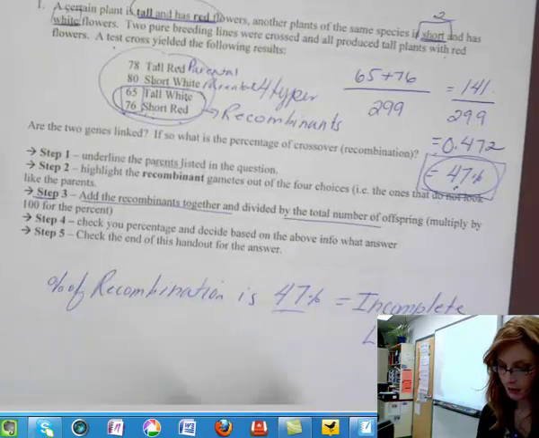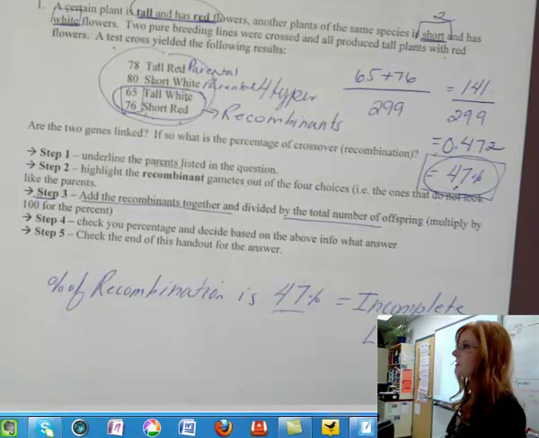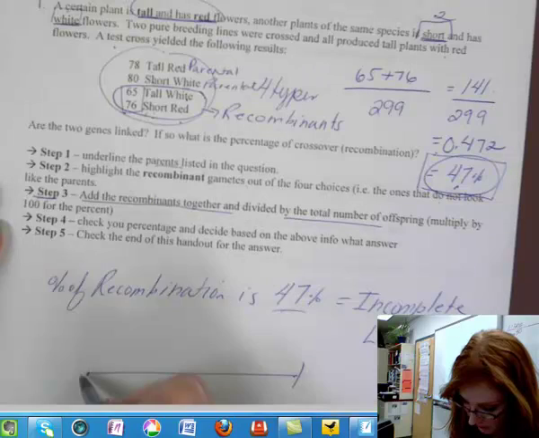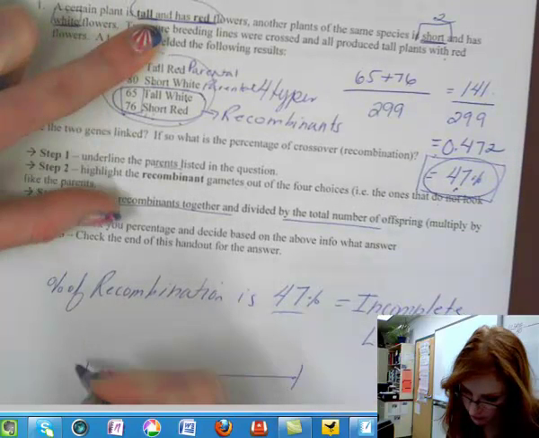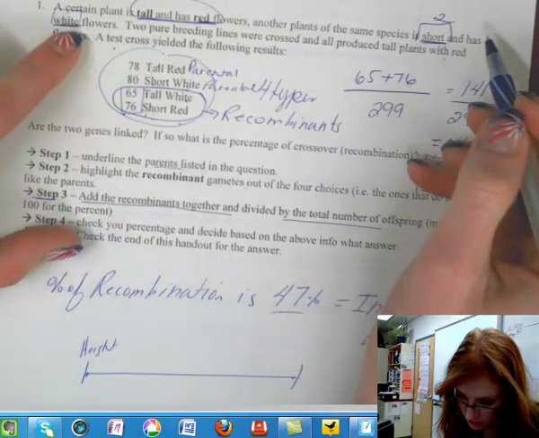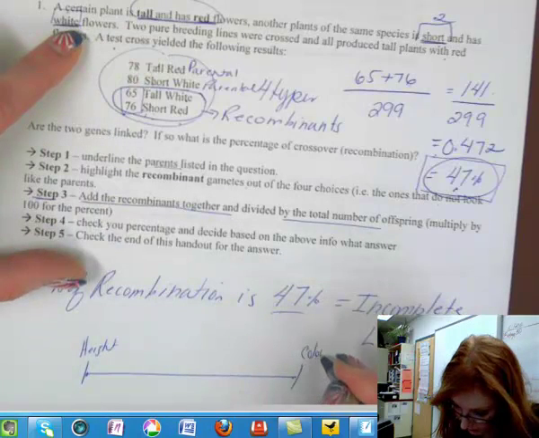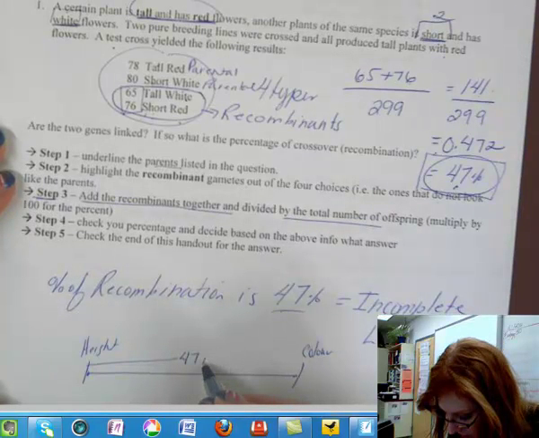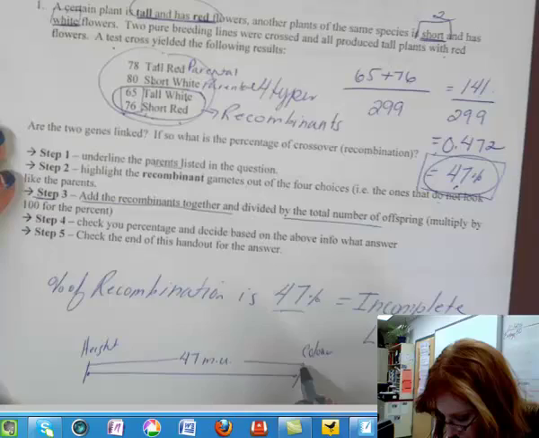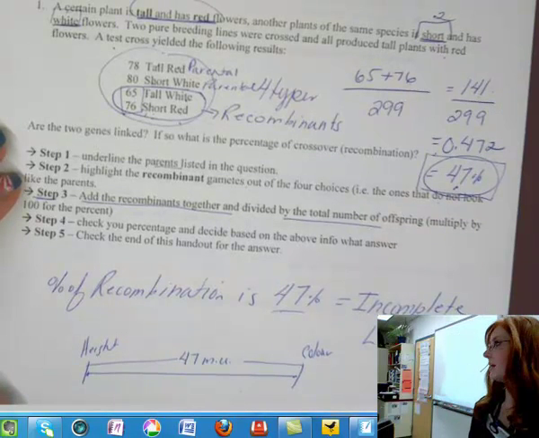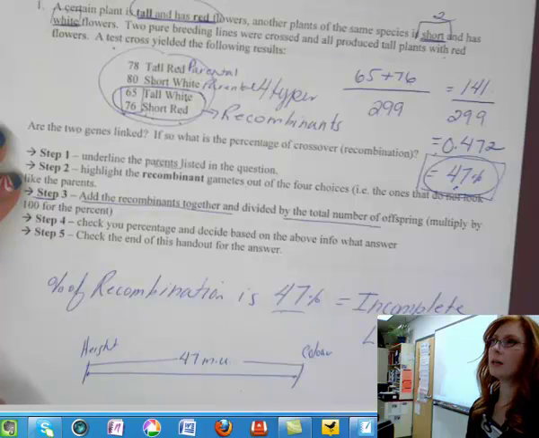Now, what this essentially means, that if we were to put the gene for, let's see, height, because that's tall or short, and the gene for color, these two genes would be 47 map units apart. Or if you're a famous scientist, you can name things after yourself. So what do you think Thomas Morgan called them? Close.